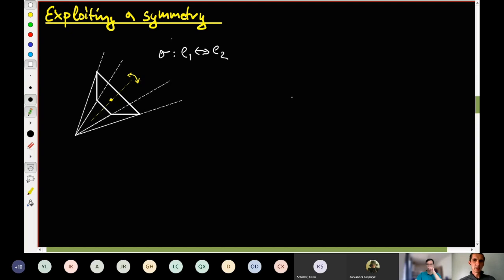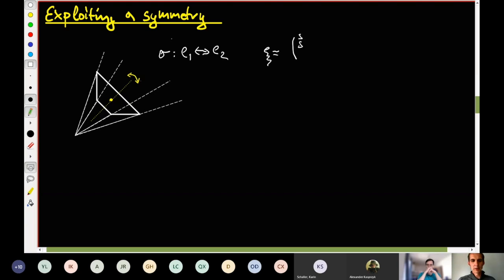And since everything is preserved by this involution, also the solution of my minimization problem necessarily will be invariant under this involution. So this means if I'm looking for xi minimizing the volume, then it will look as follows. It will have the same first and second coordinate.